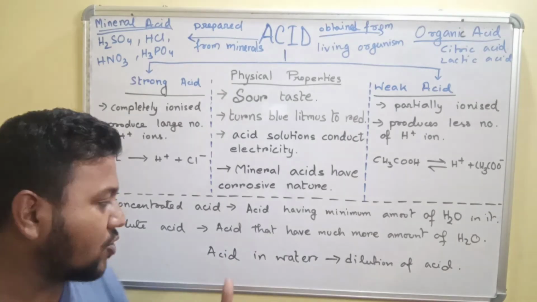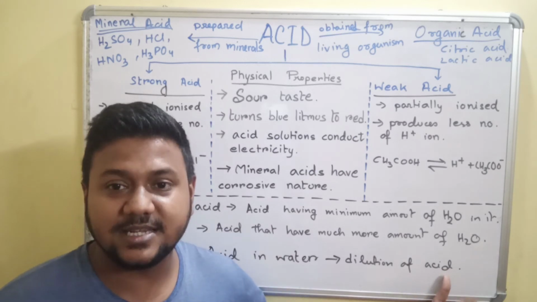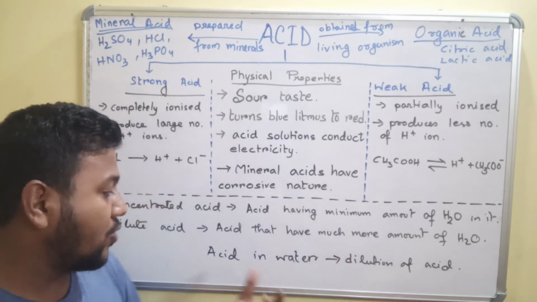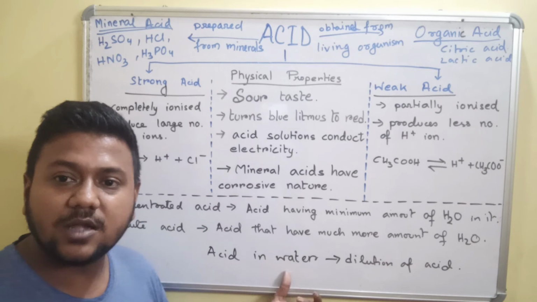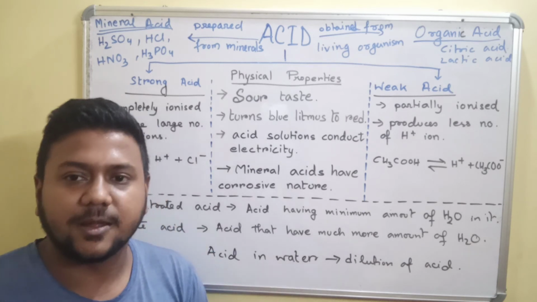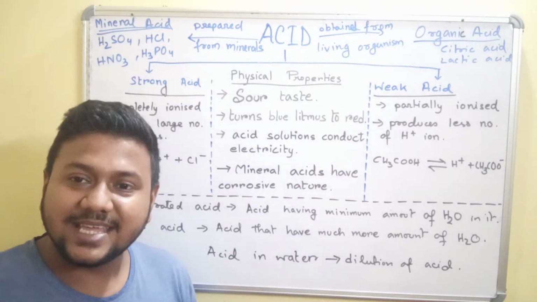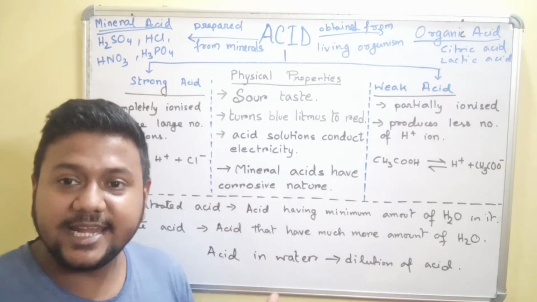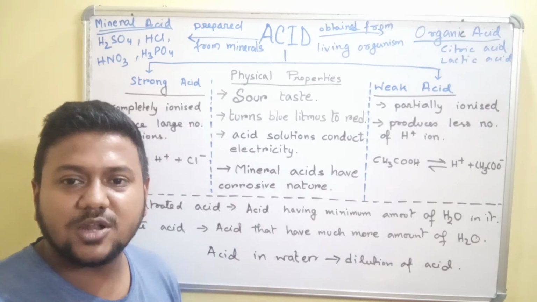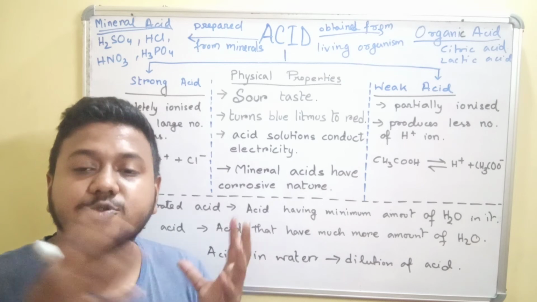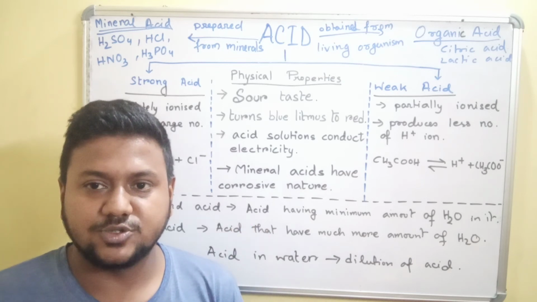So you must know that dilution of an acid is done by pouring acid in water with constant stirring, so that the heat released is absorbed by the water molecules.